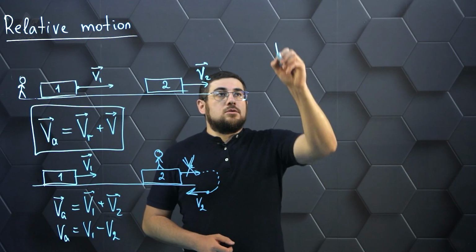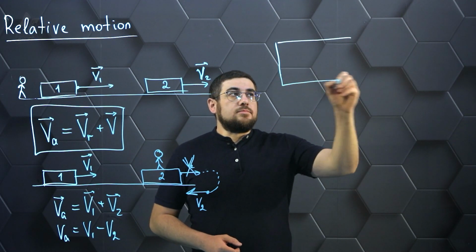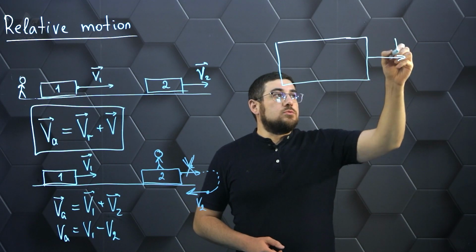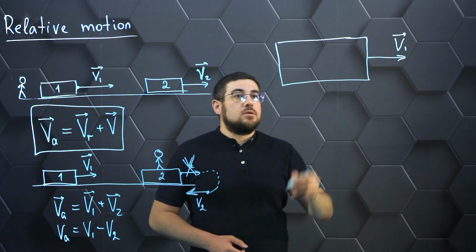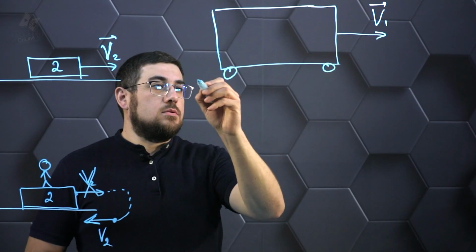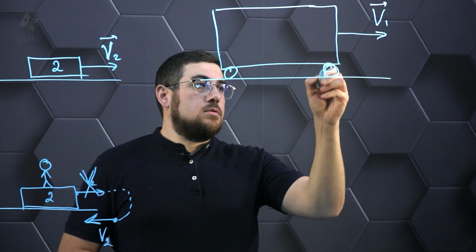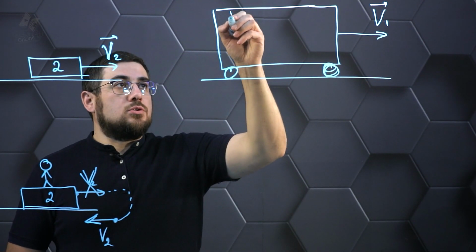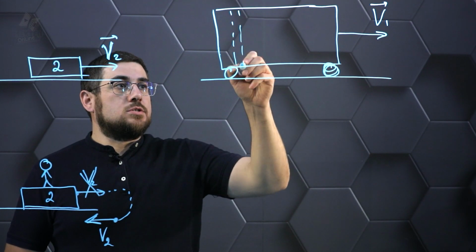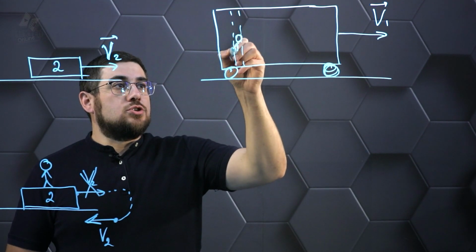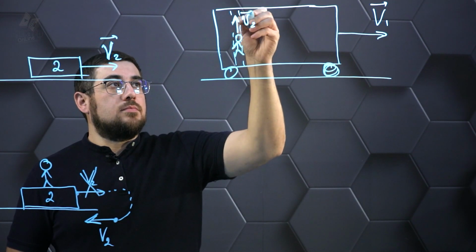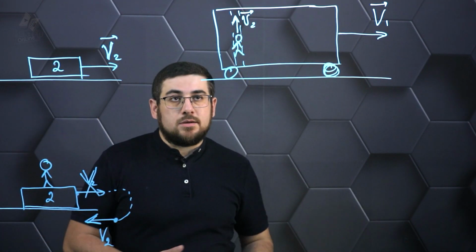Suppose we have a train car that's moving forward at v1 speed. And suppose we have a ladder on the side of this train, being climbed by a person at a velocity of v2, relative to this carriage.